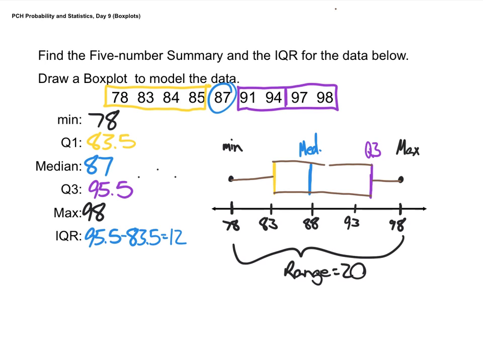So I can tell from this that the worst 25% of the students in the class still scored between a 78 and an 83.5. So that's not bad. The worst performance in the class was still a C plus to B minus. The top performers in the class were between a 95.5 and a 98. That was my top 25%. And the middle 50% was between 83.5 and 95.5.